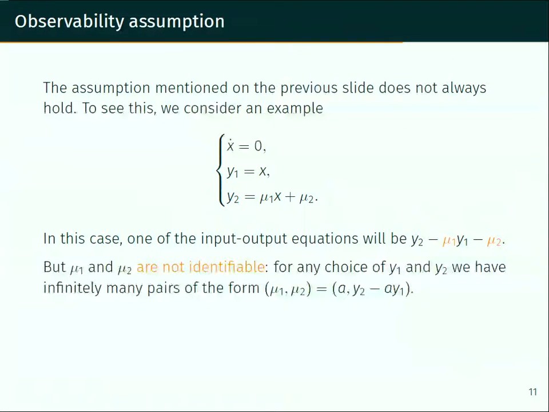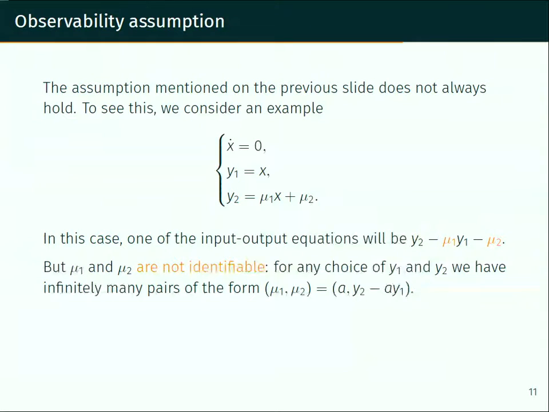I think the idea is that you're saying for any choice of y1 and y2, but really what you mean is you're given y1 and y2. That's observed. And what he's saying is that y1 and y2 as functions of the parameters are given like that. So think of mu1 and mu2 and x star as variables. Now, you can pick a particular x star 0, mu1 0 and mu2 0.